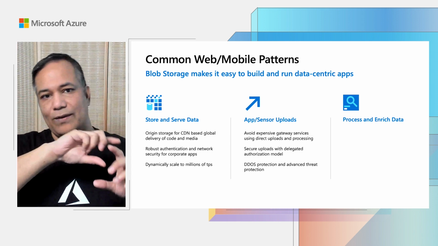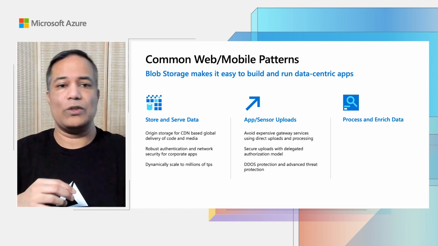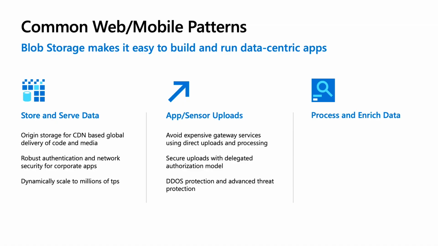So you avoid this sort of extra and expensive proxy layer. We also provide DDoS protection by default, and you have advanced threat protection if you want to use these capabilities to understand when you're being attacked, or if you have malicious users trying to break into your storage accounts.